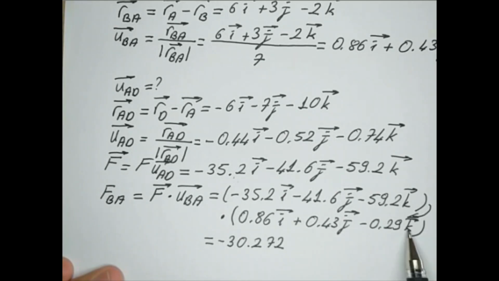I'm just multiplying the unit vectors first and then multiplying their coefficients, the magnitude of the vector in that direction. So this gives me 0.